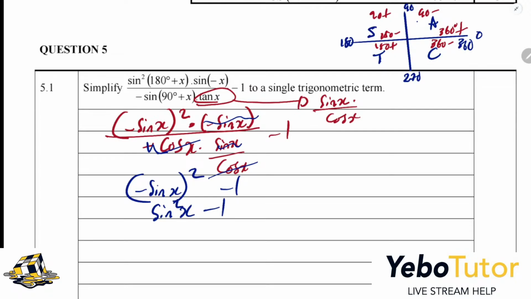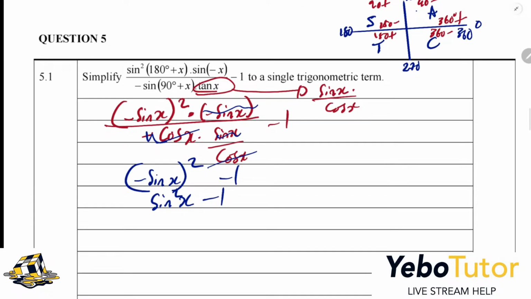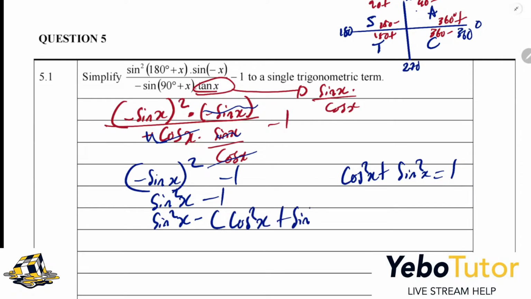Then of course this is just where you can get. Of course you guys are smart. We know that cos squared of x plus sine squared of x is equal to 1. So of course we can now change that and make it more nice and more interesting. So this can be your sine squared of x minus, then in the position of 1 you can have your cos squared of x plus your sine squared of x.